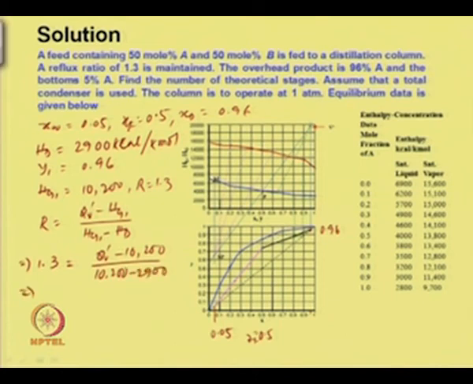So, from this you can obtain QV dash is equal to 19690, which is located over here. V dash is the point at 0.96 and 19690. This is the point which is located, V dash.